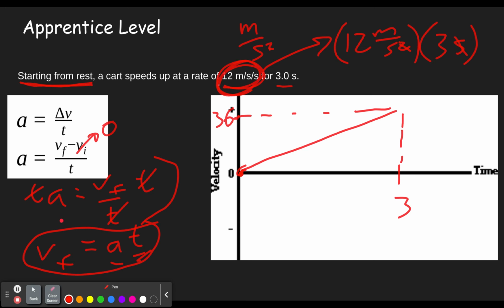That's an acceleration, so we don't see 12 on a velocity time graph. So we had to calculate our final velocity, which was 36. And so we sloped up to 36. Every second, it changed by 12. So there's 12, 24, 36, because we did it for 3 seconds.